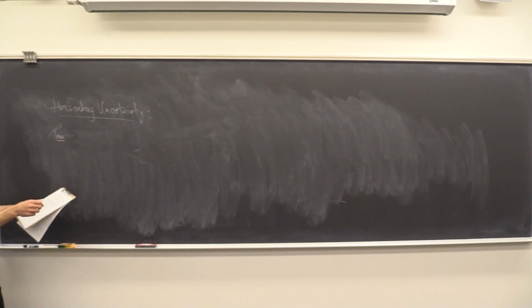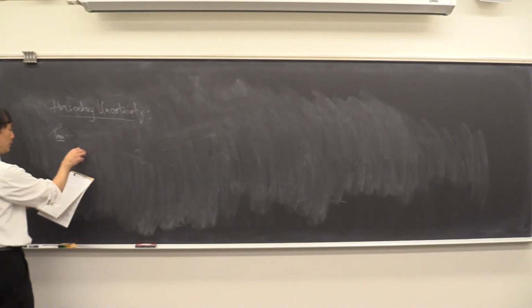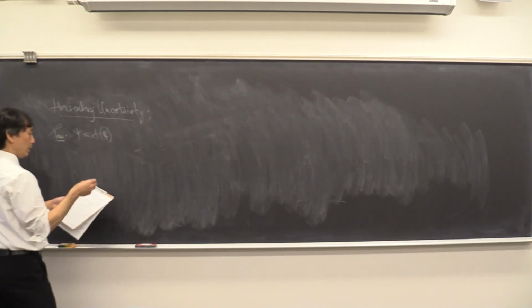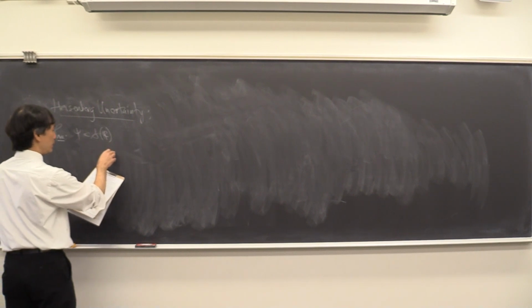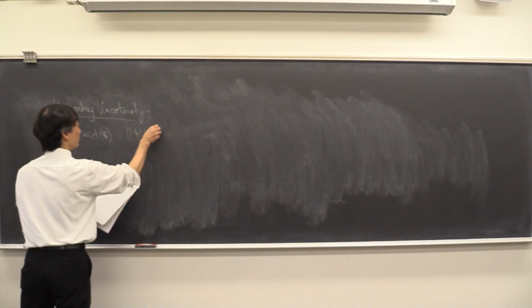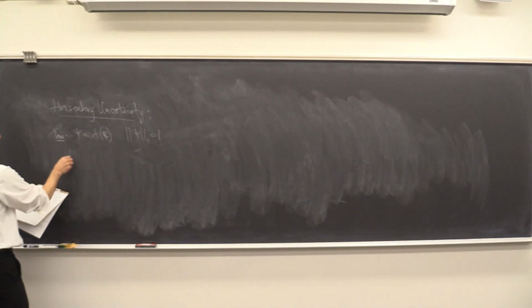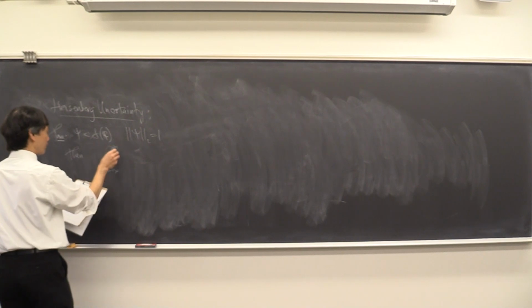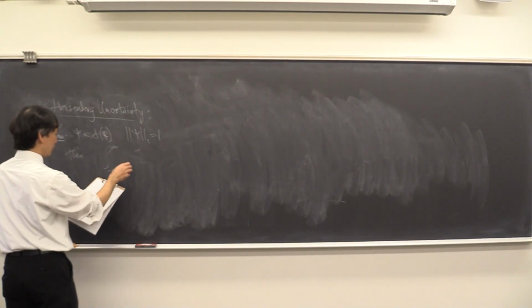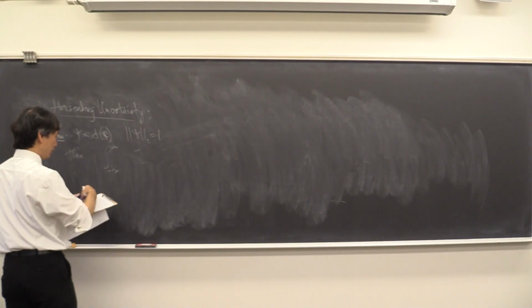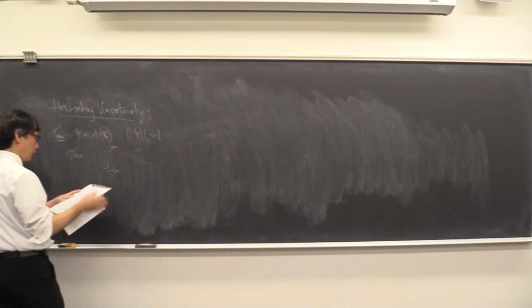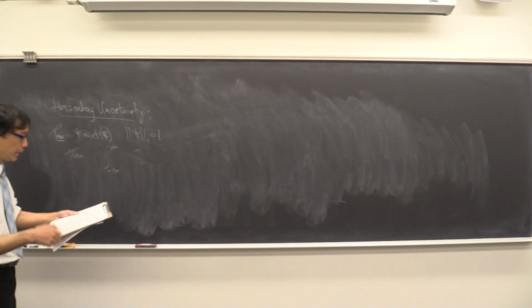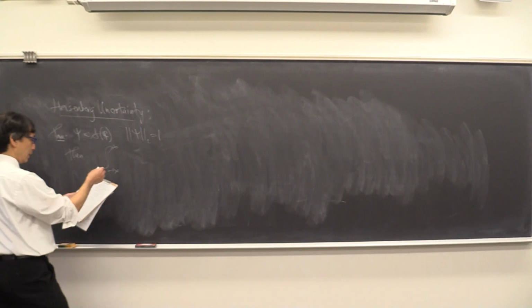Okay, so here's the statement that the book gives. Suppose you have a Schwartz class function of L2 norm equal to 1. They prove a particular case first, and then they show that implies the general case.